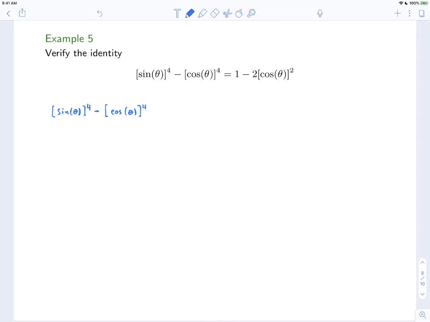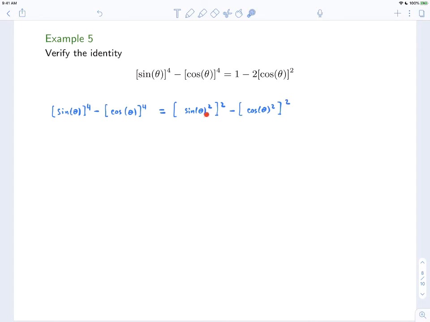So here we have a sine to the fourth minus a cosine to the fourth. We're going to rewrite this slightly as the difference of squares. So this is equal to sine of theta quantity squared raised to the 2 power minus cosine theta quantity squared raised to the 2nd power.